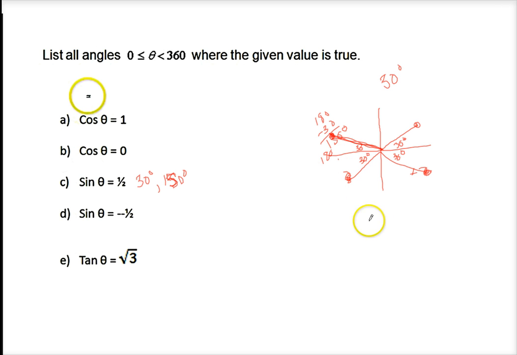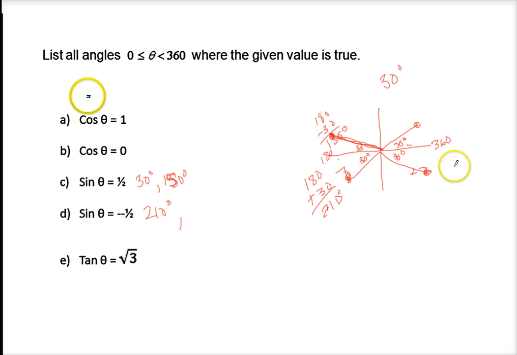So I can easily find those by saying, okay, I know sine is positive 1/2 at 30, so I know these two places where sine is negative, and this would be 180 plus 30, which is 210, so I know at 210 degrees I would have a sine of negative 1/2, and here as well.